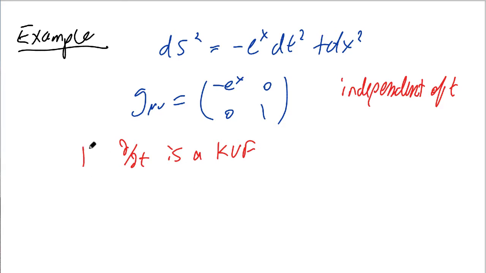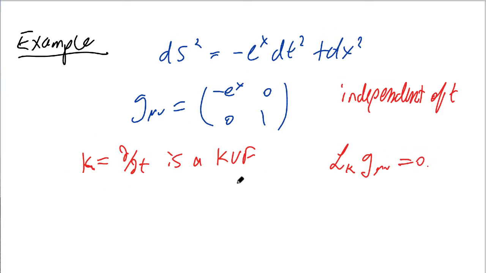Let's call it k. And we can check, of course, that the Lie derivative along k of the metric vanishes. So what this is telling us is that the geometry described by this metric has a symmetry along the t coordinate lines, along the d by dt direction.